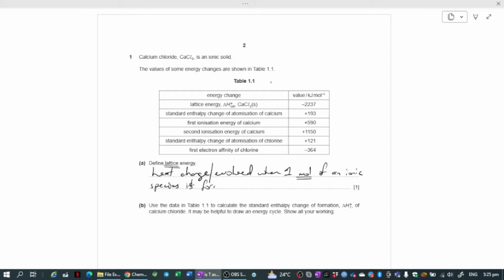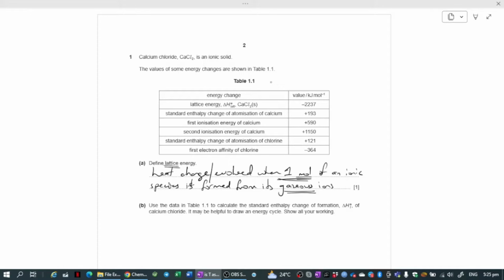So this is the important part of the definition. It's the heat change or the heat evolved when 1 mole of an ionic species is formed from its gaseous ions. 1 mark.